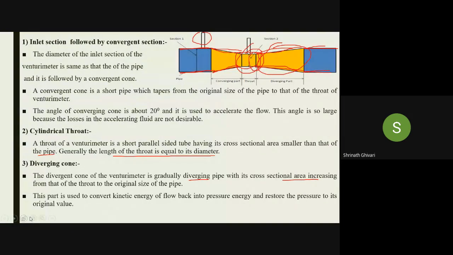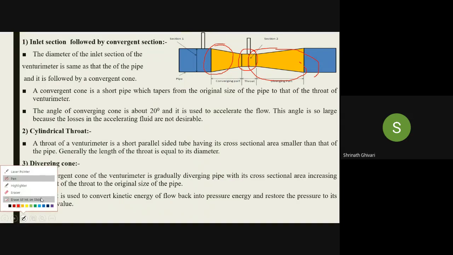So here you can understand that in the convergent part the pressure energy is converted into kinetic energy, and at this point the kinetic energy is converted back into pressure energy. So this is the construction of a venturimeter. In the next class we'll be dealing with the derivation on the venturimeter, how to determine the flow rate.